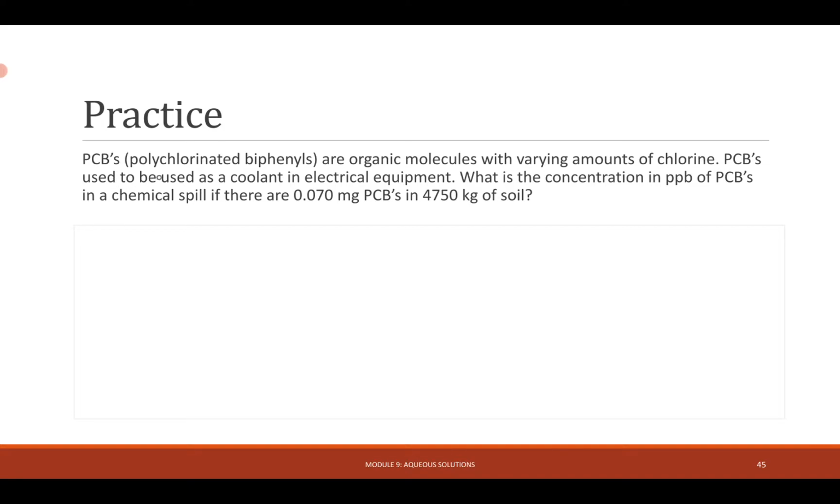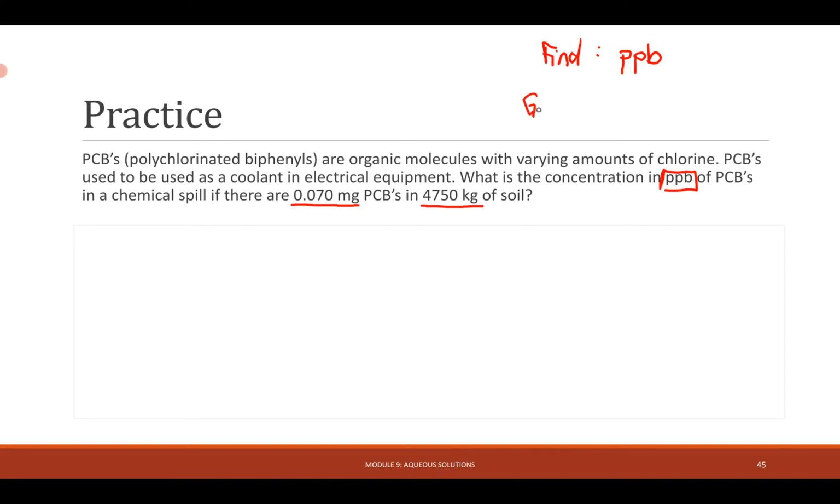PCBs used to be used as coolant in electrical equipment. What is the concentration in ppb? So we're trying to find ppb of PCBs in a chemical spill if there are that many milligrams in that much soil.